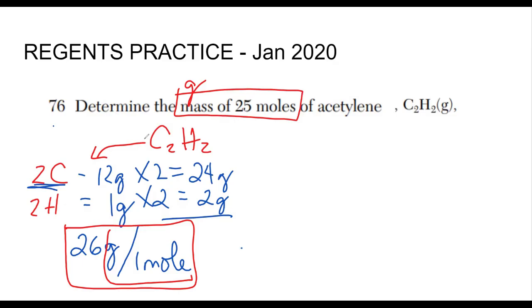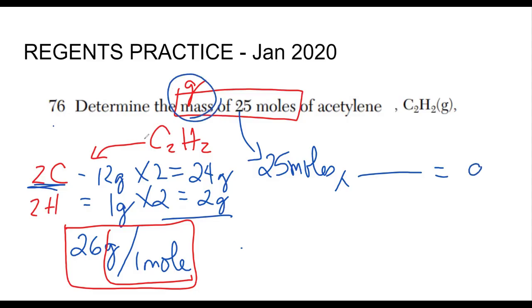Okay, so I am going to take my given, which is 25 moles of acetylene, and I want to solve for, according to this, mass, so grams. I'm going to then set up my conversion factor so that 1 mole is on the bottom.